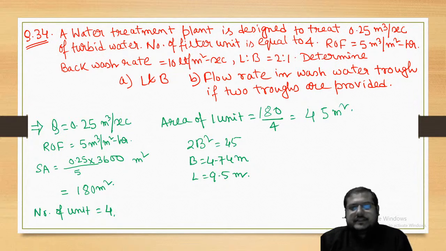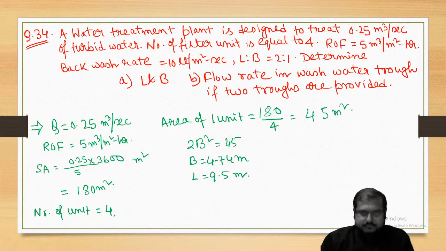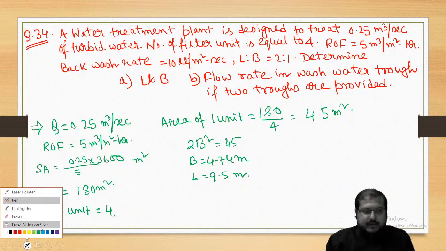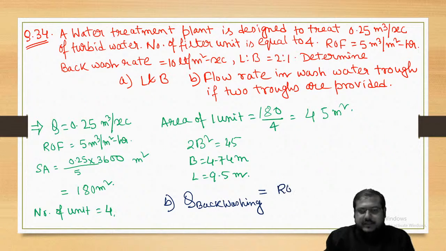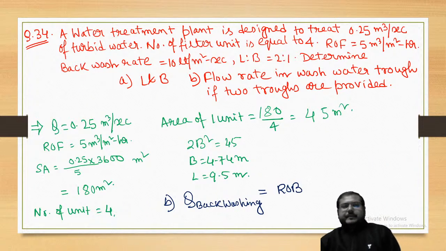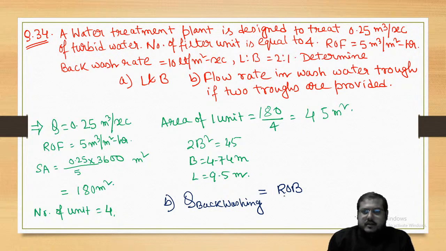Now what they're asking? Flow rate of backwashing. So that is the first part. Second part you need to understand properly. They're asking Q backwashing. Flow rate having its rate of backwashing. You are having this. So rate of backwashing unit is what?